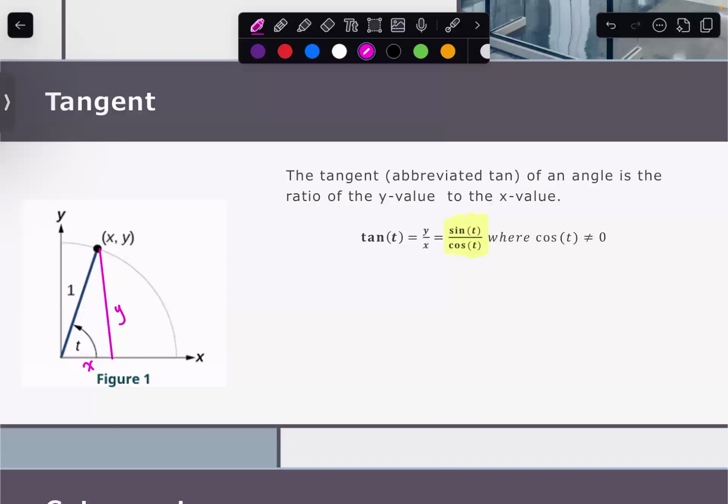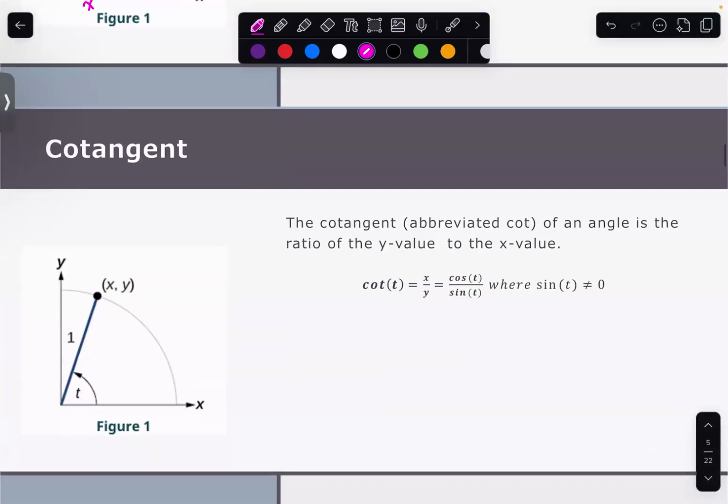We abbreviate this as tan, T-A-N. If we're looking at the unit circle, remember that our coordinates can also be written as cosine of t and then sine of t.